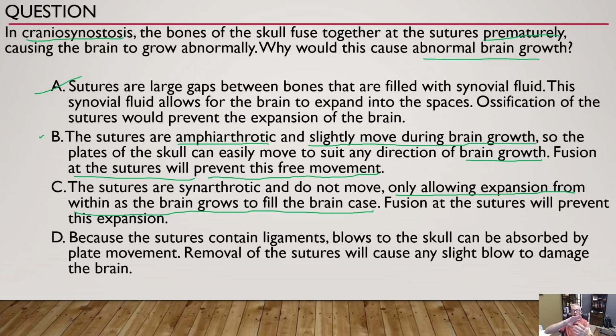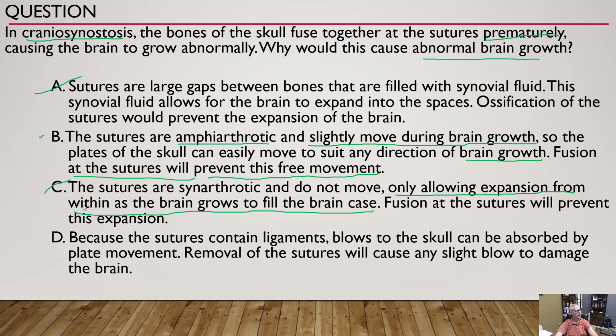And if you've ever looked at a picture of the skull, underneath the skull, we have this hole called the foramen magnum. And so the brain would actually go through the foramen magnum and cause what's called a herniation of the brain. And that's immediate brain death. So we're going to throw out C. And we'll talk about herniation of the brain. I believe we might have talked about it in one of the previous chapters.